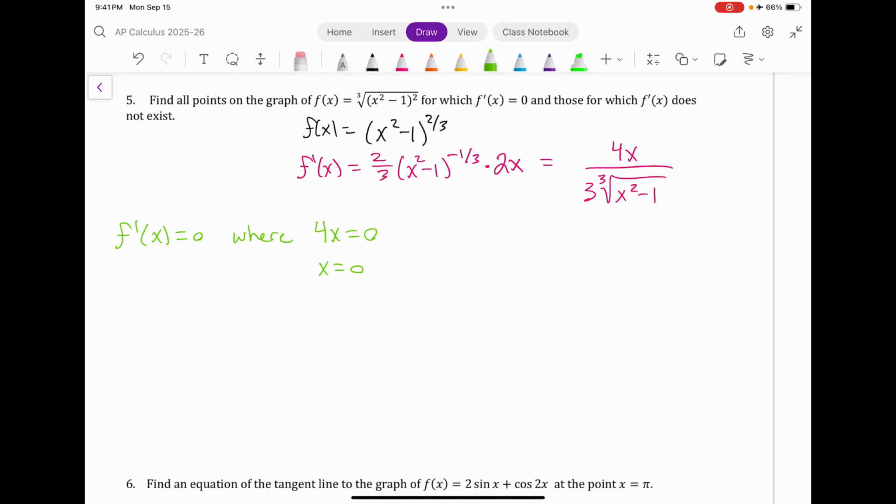Okay, so we want to find the points, so that implies we want the ordered pair. So we need to plug 0 into the original function. And so when we do that, we'll plug into the radical form.